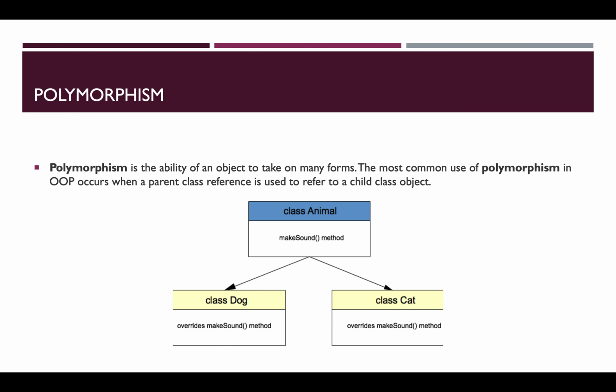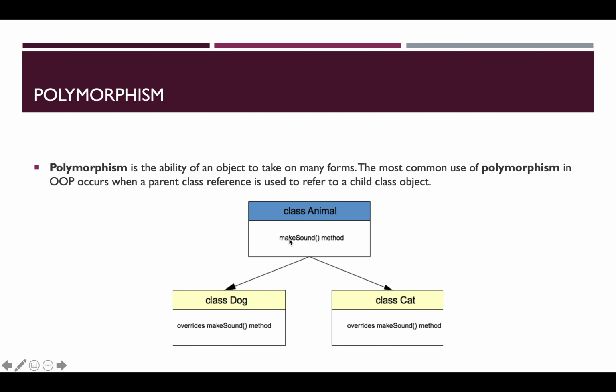Next, polymorphism. Polymorphism is the ability of an object to take many forms. The most common use of polymorphism occurs when a parent class reference is used to refer to a child class object. I also included a diagram because I think it's easier to understand if you see it as a diagram. We have an Animal class, the parent class or superclass, and two subclasses, a Dog class and a Cat class.